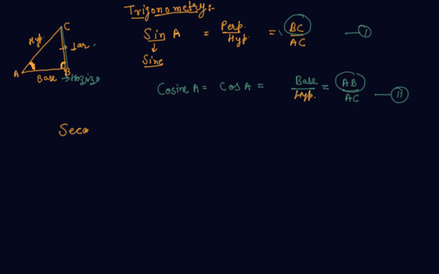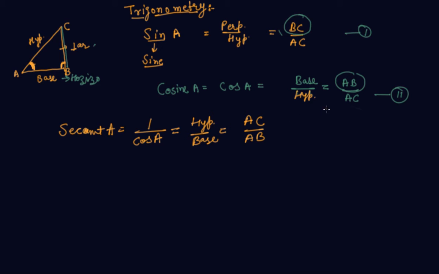Okay. So students, now comes the secant of A. It is the reciprocal of cosine A, or you can say that it is hypotenuse by base, which means AC by AB.